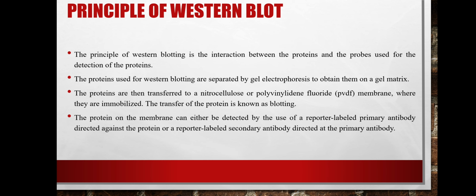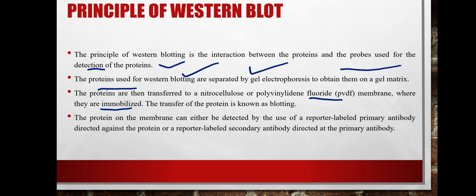So what are the principles of the Western blotting technique? It is an interaction between protein and probes used for the detection of proteins. Proteins used for Western blotting are separated by gel electrophoresis. The proteins are then transferred to a nitrocellulose or polyvinylidene chloride membrane, where they are immobilized.